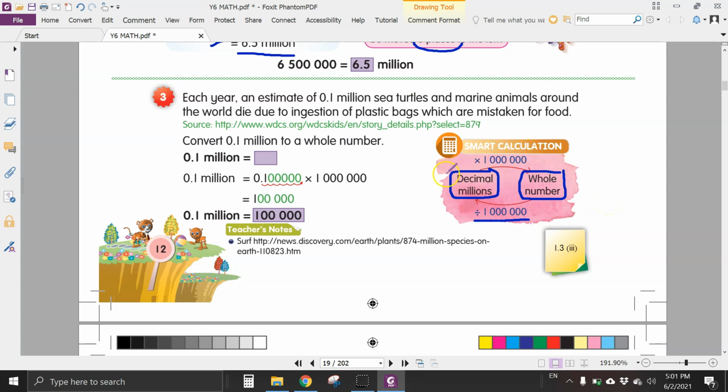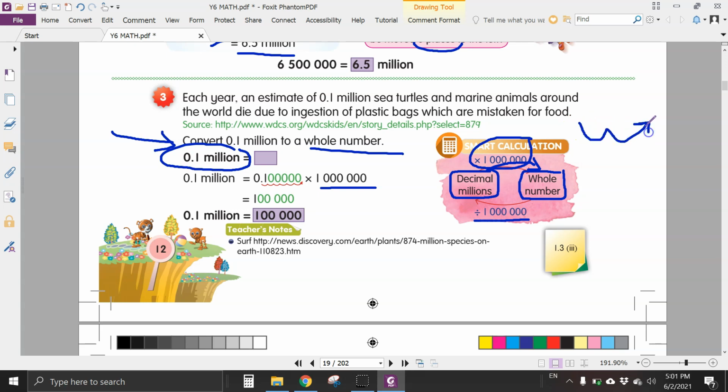Now the other way around, we want to change decimal million to whole number, we have to times a million. So look at this question, convert 0.1 million to a whole number. You have to times a million. When you times, you move the decimal to the right. When you divide, you move to the left. Same thing here, we have to move 6 times because there are 6 zeros.